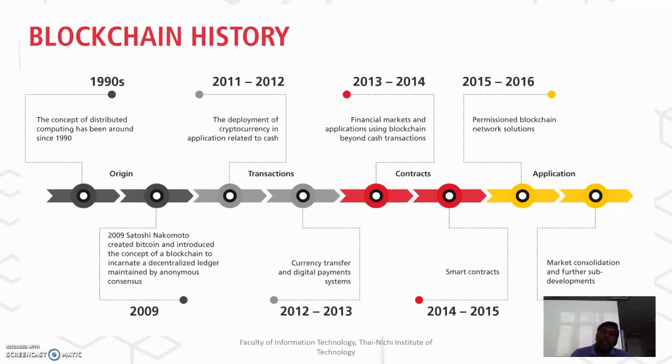So Nakamoto's white paper is from the year 2009, and then they started Bitcoin transactions from 2011, 2012 to 2013, and then Bitcoin started to boom in the financial market during 2013 to 2014. Now it is using smart contracts, and then it is using various applications, and furthermore it is going with many advancements.